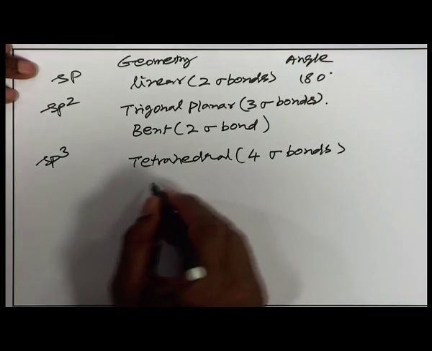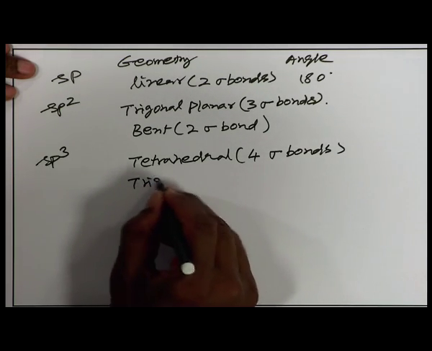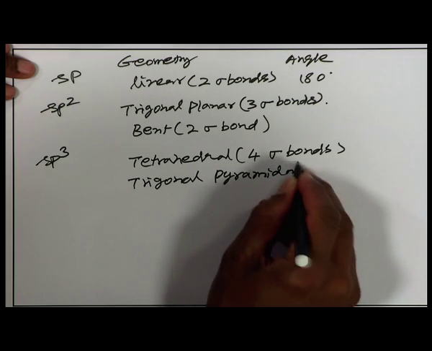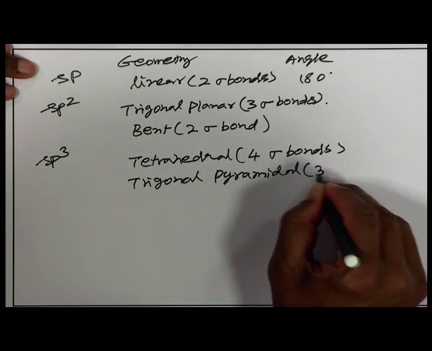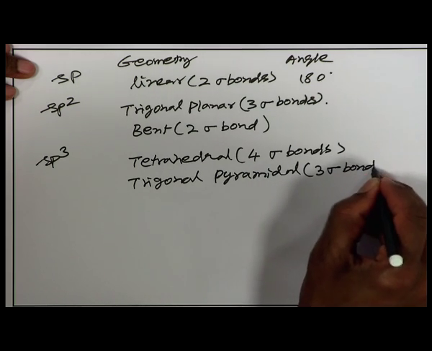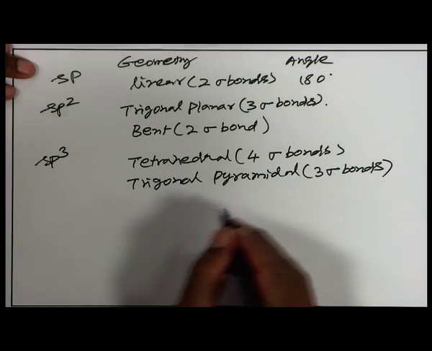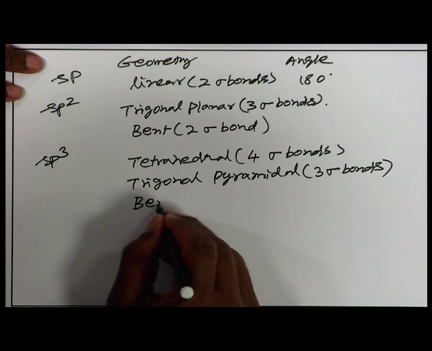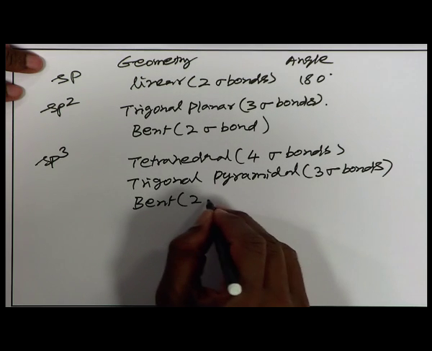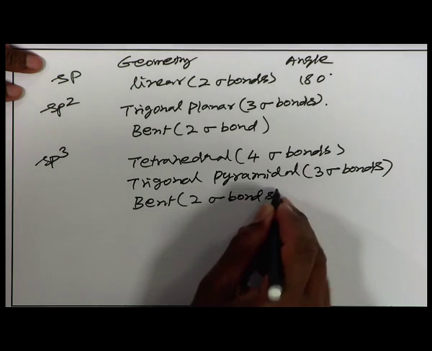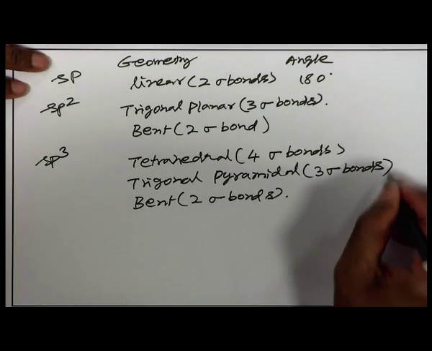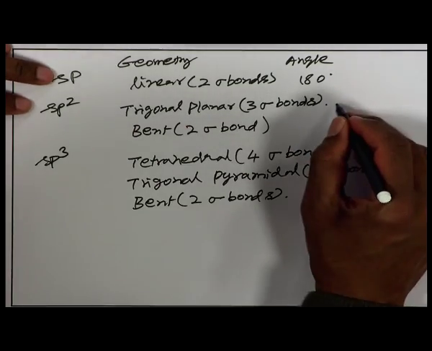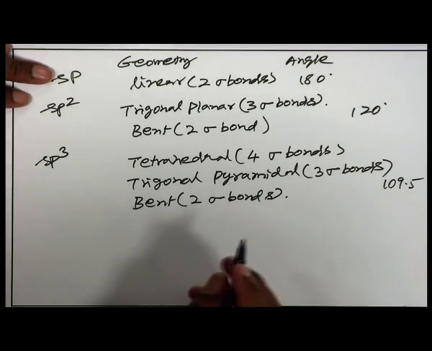It can also have trigonal pyramidal geometry, which contains only 3 sigma bonds, and it can also have a bent geometry, which has 2 sigma bonds. The angle here is 109.5 degrees. In the case of sp2 hybridization, the angle is 120 degrees.